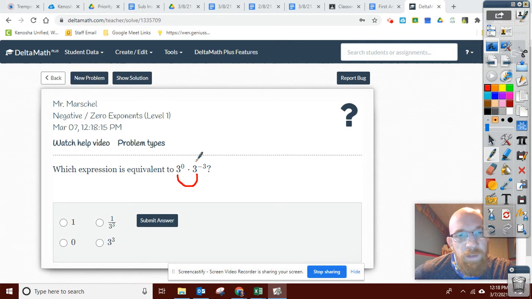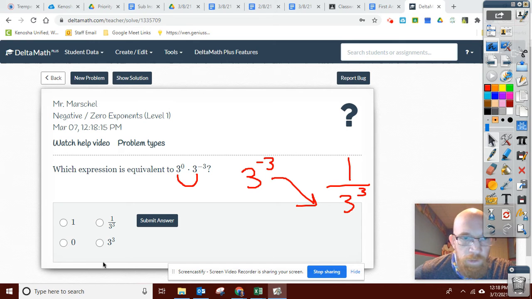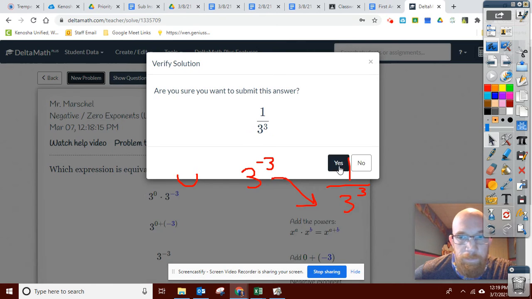So when we do that, we have to add our exponents. So if we add 0 plus negative, that is the correct answer. Do you see that over here anywhere? I do not either. So that means now we have to apply the negative exponent rule, which means it goes down to the bottom and it becomes a positive exponent down there. So we would be answering right there, 1 over 3 to the third power.